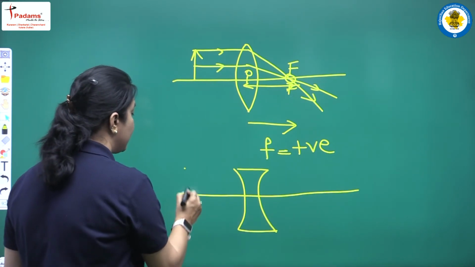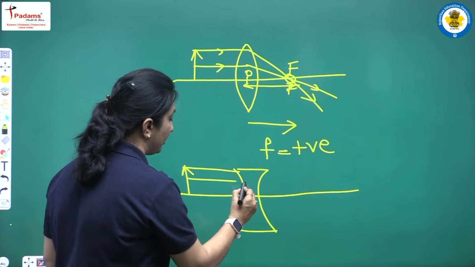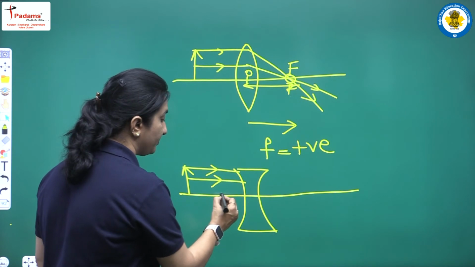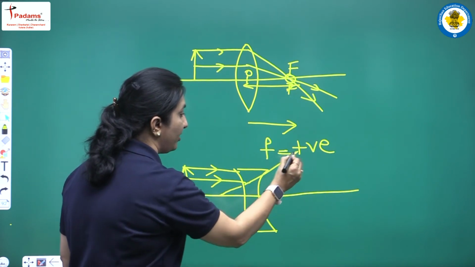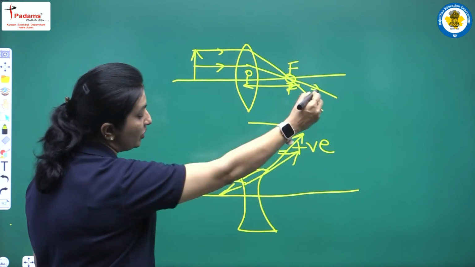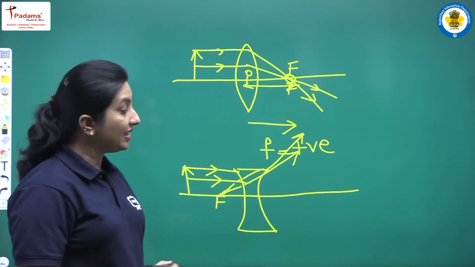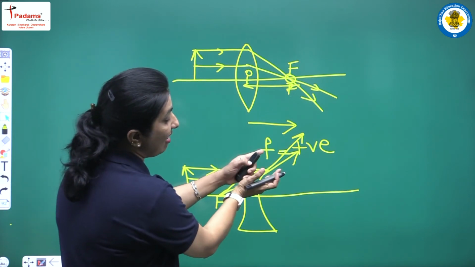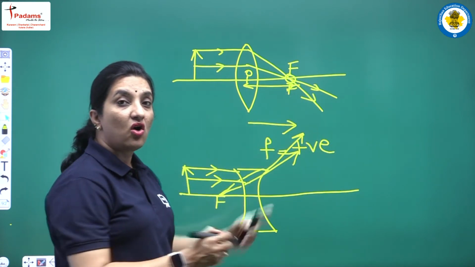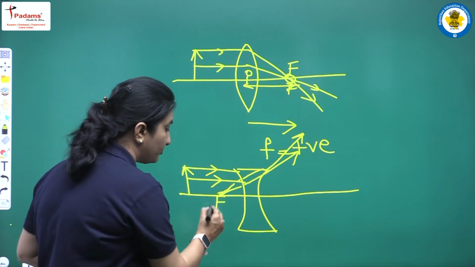Now what we see is, suppose the object is placed over here, then the rays of light which are incident parallel to the principal axis, after refraction, appear to meet at F. That is, what we see here is that the rays of light after refraction are diverging. They are never going to meet on the right hand side of the lens, but on extending they appear to come from the focus.